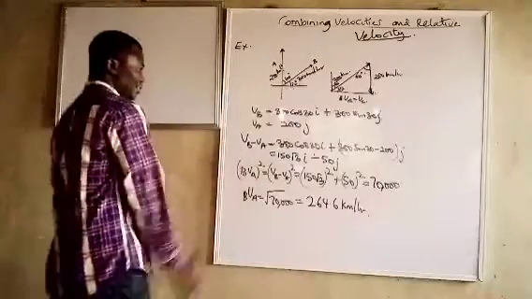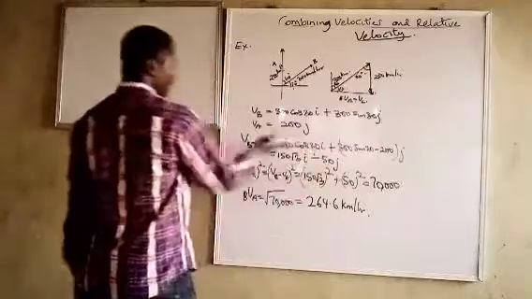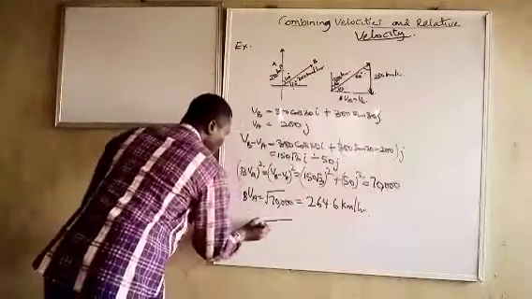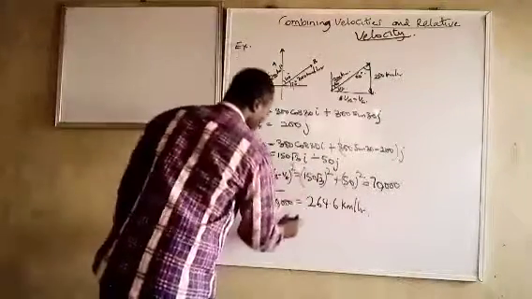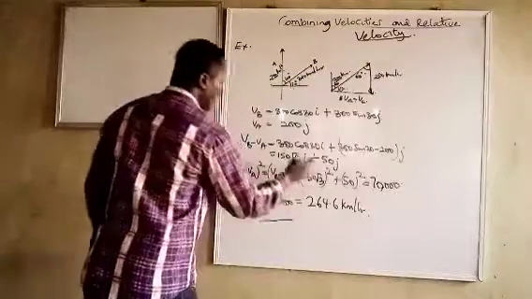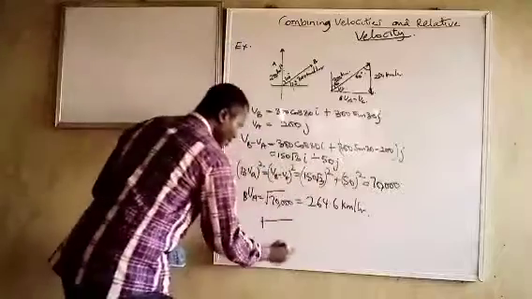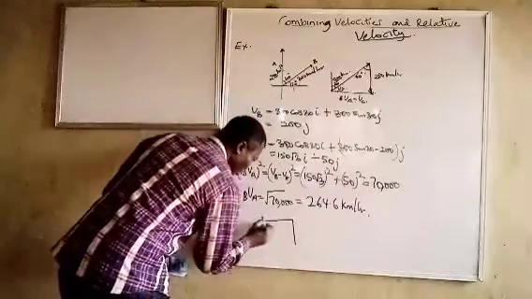Now let's find the direction. We know what the direction will be. Our i direction is positive, and our j direction is negative. So it is going to be like this.